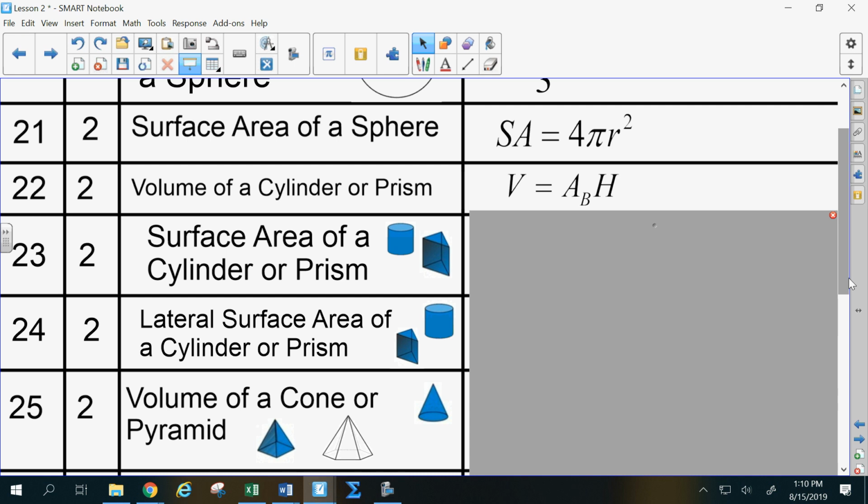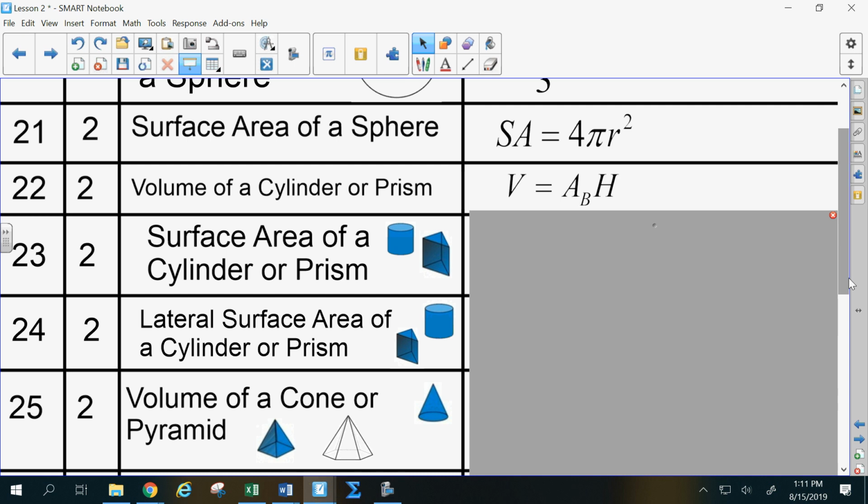So how many bases do we have? So we need the area of the two bases, and we need this part around the sides. But when I open it up, what does that part look like? A rectangle. And to get the area of a rectangle, we do length times width or base times height, whichever way you've learned the formula. For this one, the height of the rectangle is the very same as the height of the prism, right?